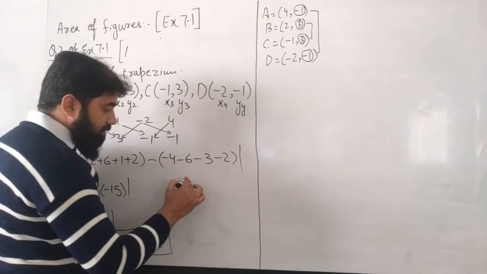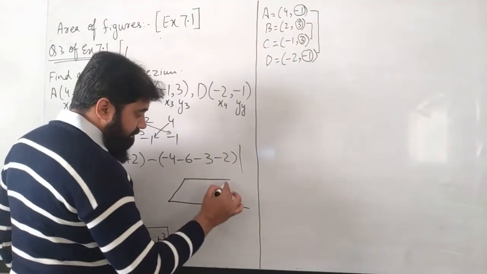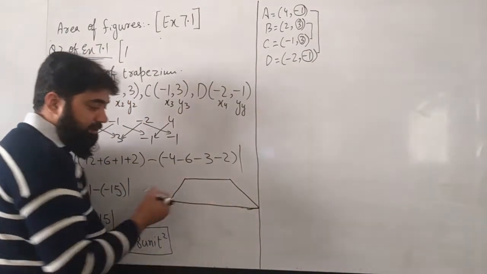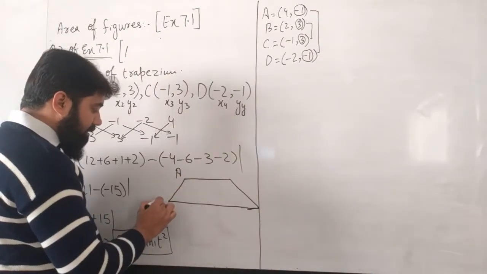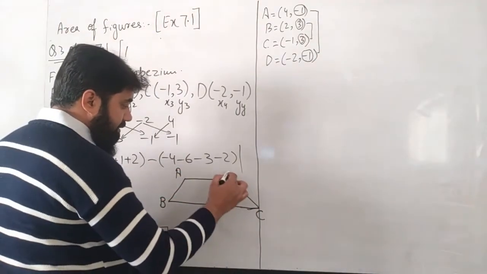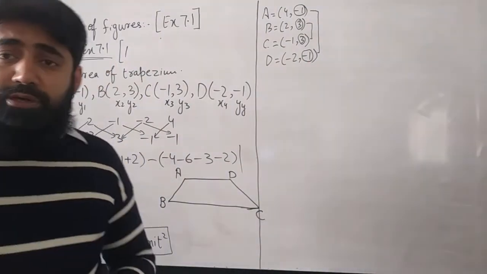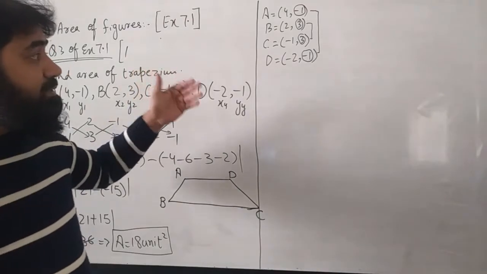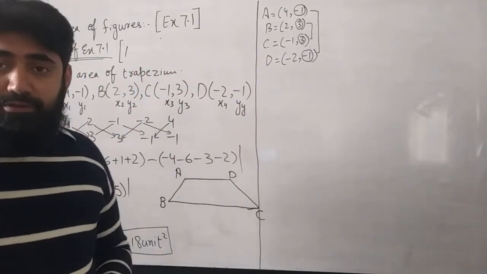So if I draw a rough sketch of my trapezium, it can be in any form. I have made it like this. Okay. So A, B, C, D. Again, it's just a rough sketch, so you don't have to worry about it. A and D have minus 1 and minus 1 on the y-axis and B and C have 3 and 3.